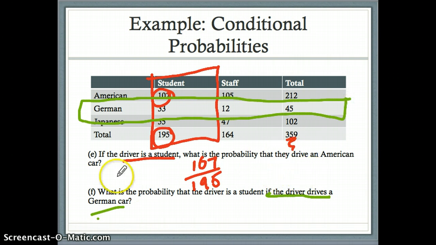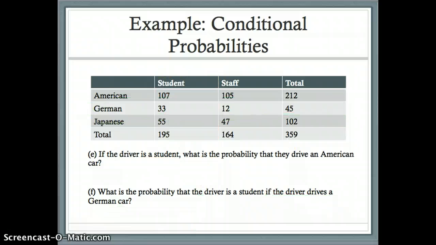So your total is going to be the 45, not the 195, not the 359. And we're looking at students, so 33 out of the 45 German cars are driven by students. And that's it.